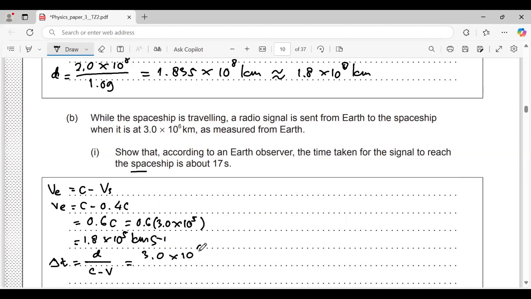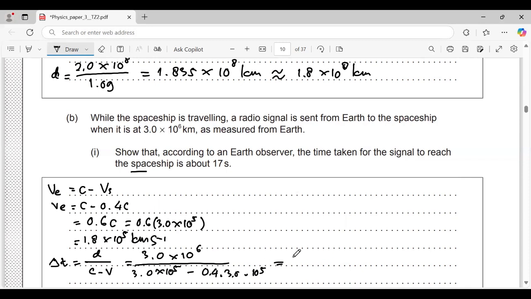So it's going to be 3.0 times 10 power 6 over 3.0 times 10 power 5 kilometers per second, minus 0.4 times 3.0 times 10 power 5.